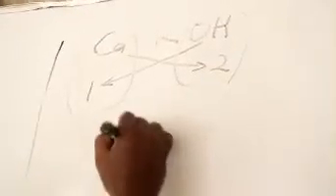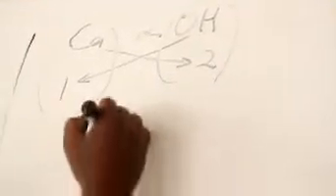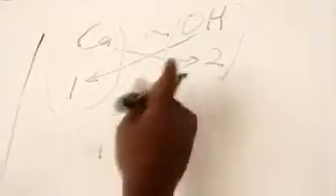Now when you bring it down, you have Ca, and you know that there are two elements here, not one. If it is one, like hydrogen only, you would have just written hydrogen and written 2. But this is not correct as there are two elements here, so you bring down a bracket. Put the two elements into the bracket and then put the 2 outside. That is calcium hydroxide. Isn't that easy?